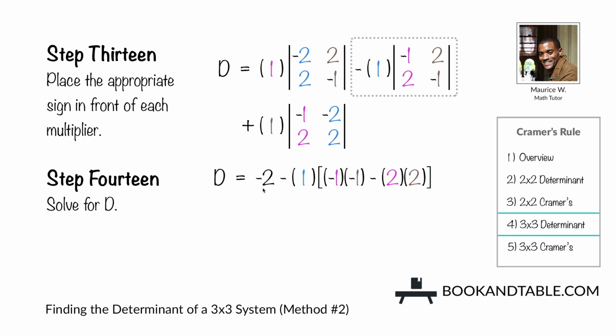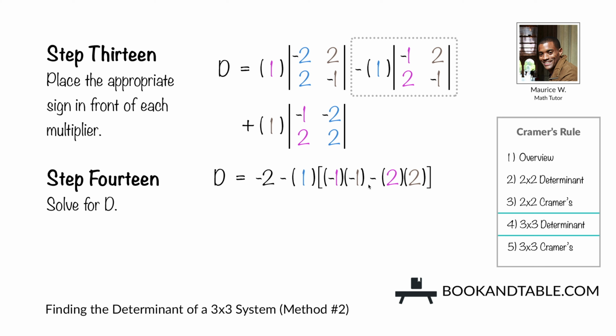And now we move on to the second one. So starting with the 2 by 2 matrix, we have negative 1 times negative 1 minus 2 times 2. And we're going to multiply this entire thing times negative 1. So now we can evaluate this starting inside the brackets, giving us negative 1 times negative 1, which is positive 1.